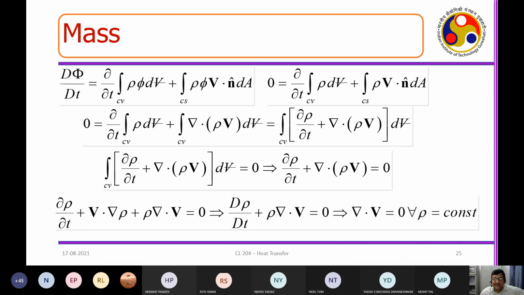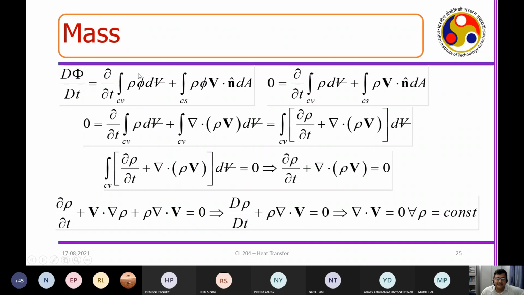And what will be my dm dt for a process? What is my change of mass with respect to time? Zero. Right? Because other than nuclear reactions, where you go towards the velocity of light, there only is a changeover from mass to energy. Otherwise, mass doesn't change. So d phi by dt for mass will be 0.